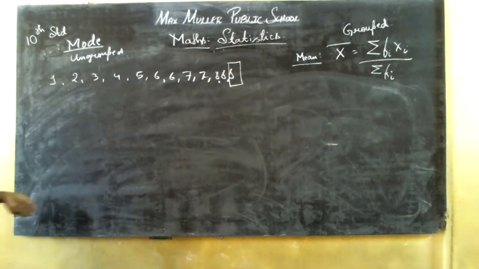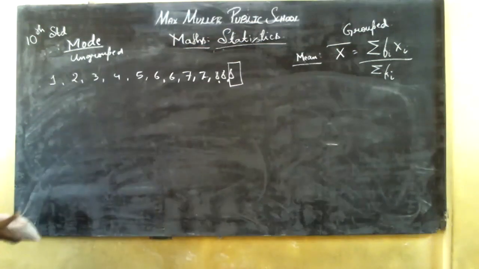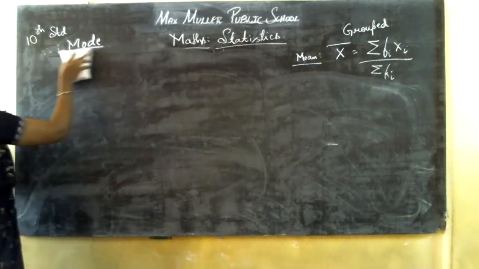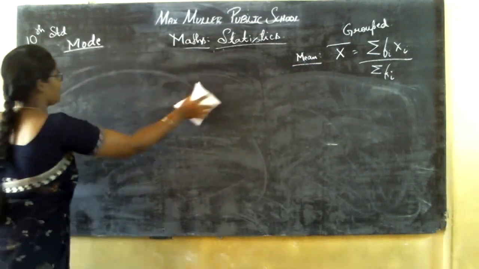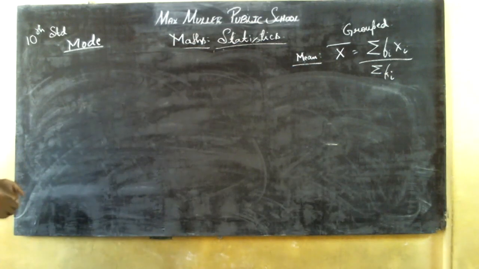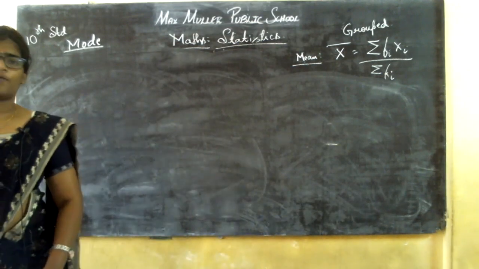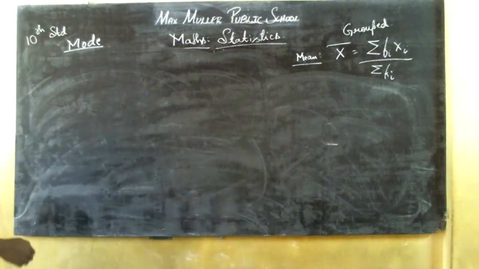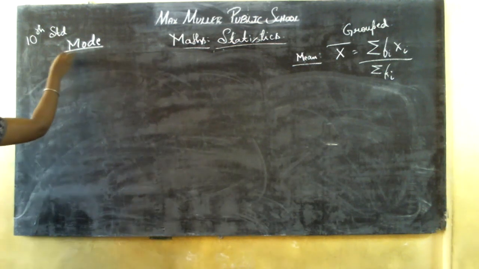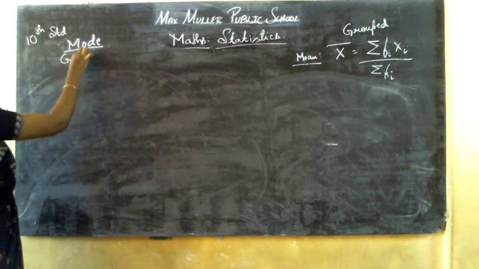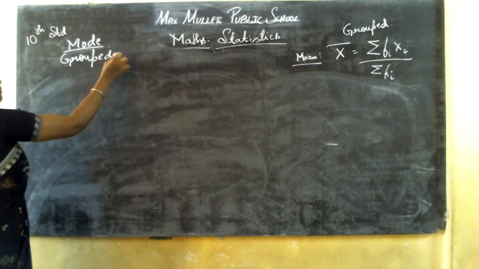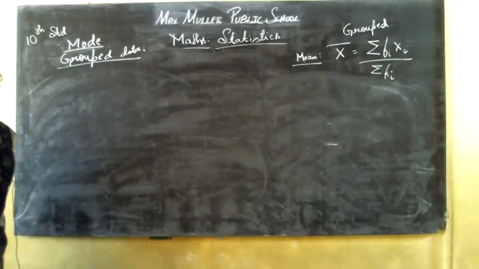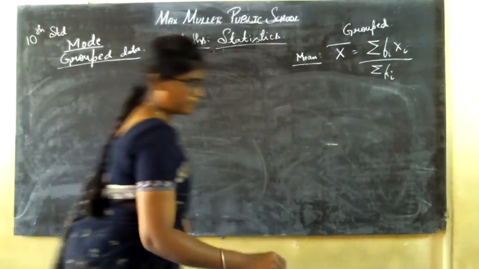Now coming to the mode of a grouped data. How are you going to find out the mode for a grouped data? What are the things you need to remember? So, for example, let me take a class interval.